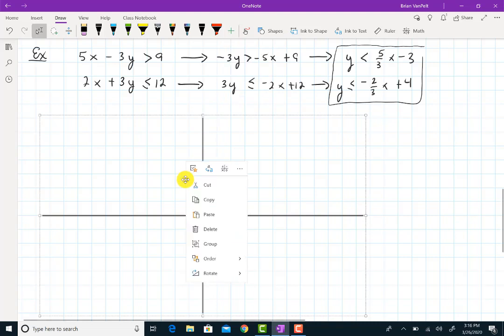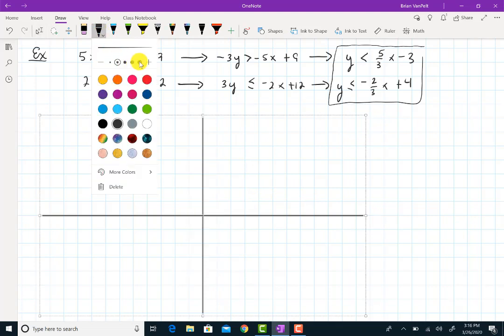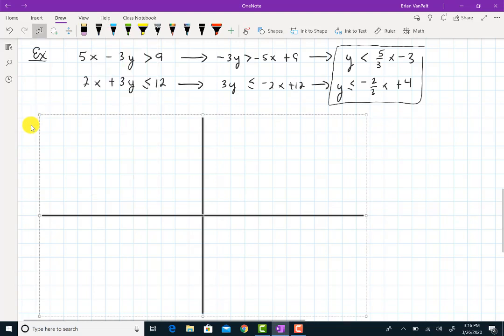Let me do this. I guess not. Cut, copy, paste, delete, group. None of these are going to do anything for me. Oh yeah, okay, there we go. That's exactly what I wanted. All right, so we'll stop there.